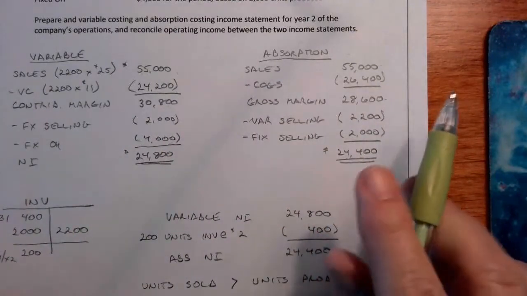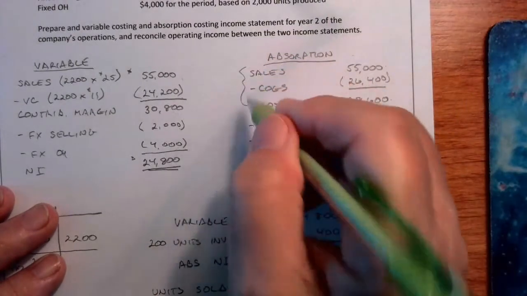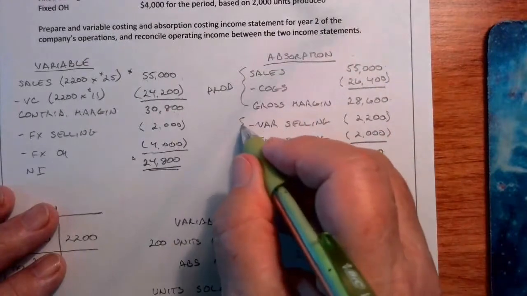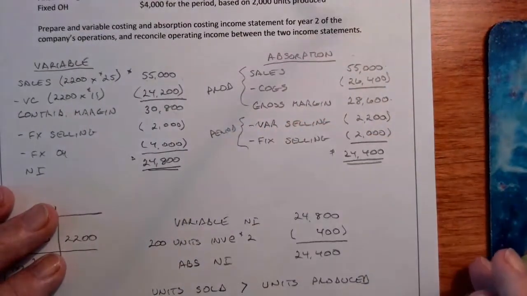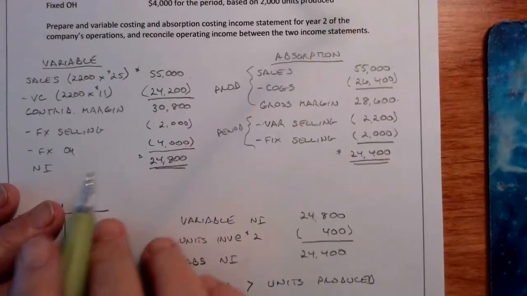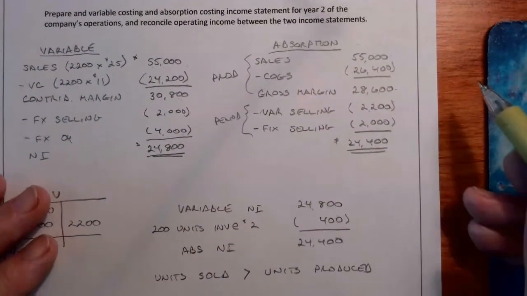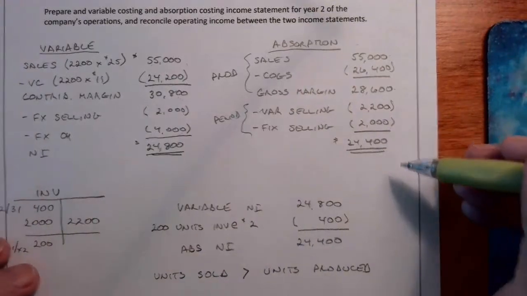And then fixed selling is 2,000. So these are product costs here, and these are period costs, by cost function, whereas with variable costing it's by cost behavior, variable and then fixed. It's just a different way to organize it, but the difference is the fixed overhead attached to inventory.